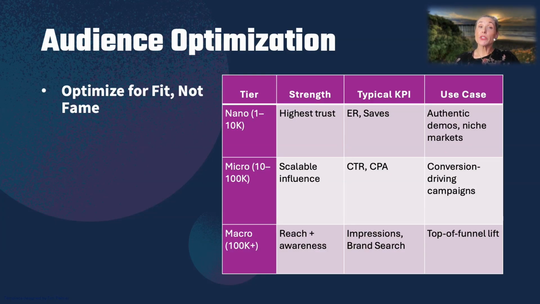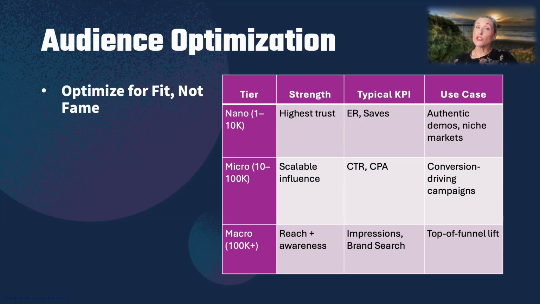Macro influencers are sought for their expansive visibility and ability to generate mass awareness. They're best suited for top-of-funnel lift, measured primarily by metrics like impressions and reach. However, this broader audience often leads to lower engagement rates and higher cost. Micro and nano influencers excel in niche markets and are favored for campaigns focused on conversion.